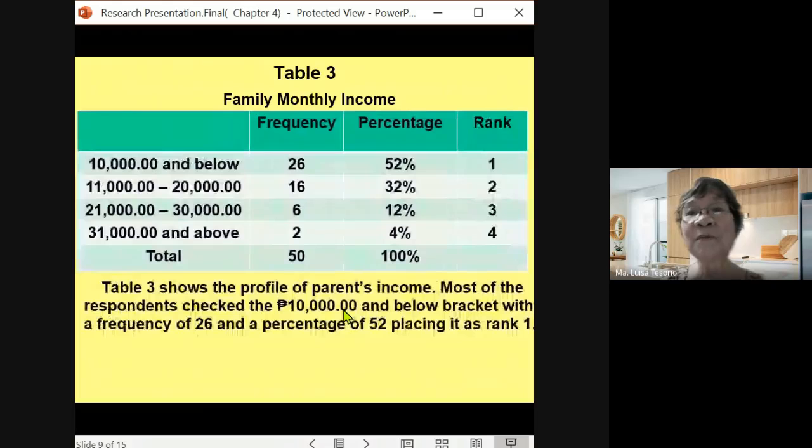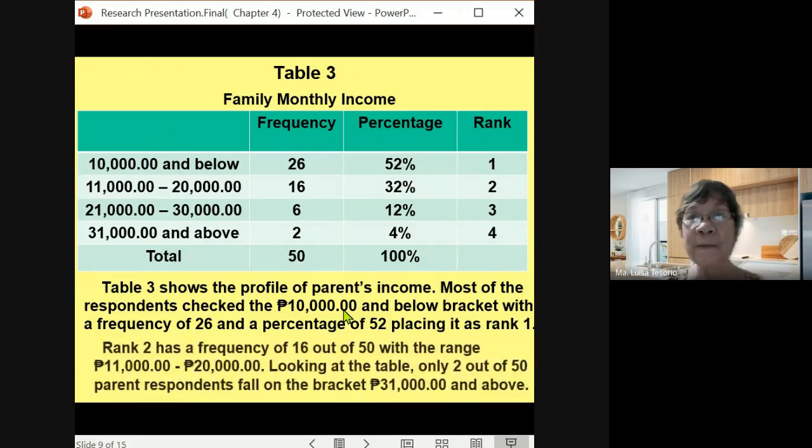This table shows the profile of parents' income. Most of the respondents checked the 10,000 and below bracket with a frequency of 26 and a percentage of 52, placing it as rank 1.